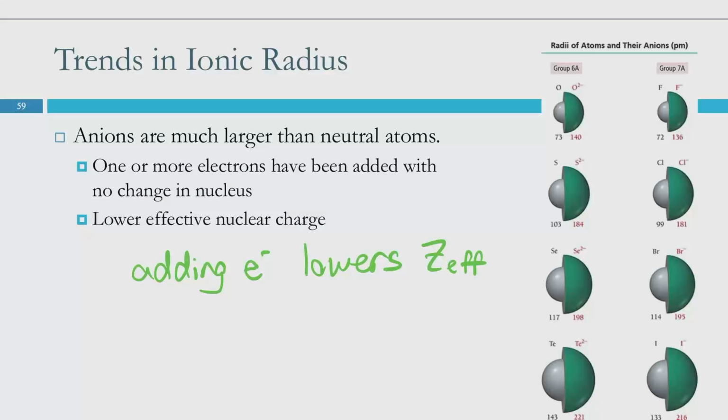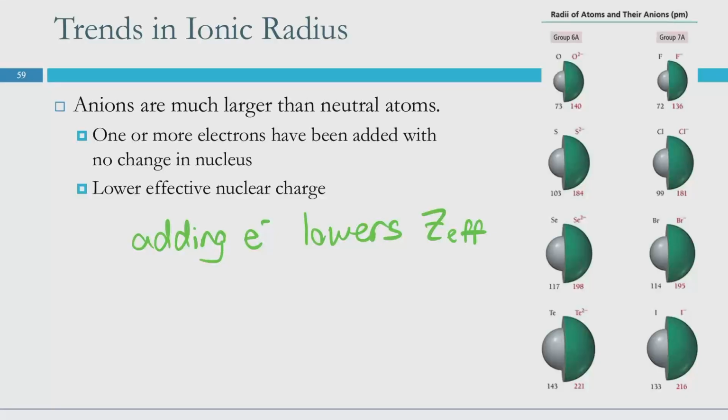The valence electrons still shield each other a little bit. And so that causes it to expand. We're reducing the amount of positive charge that they experience. So positive ions are smaller.